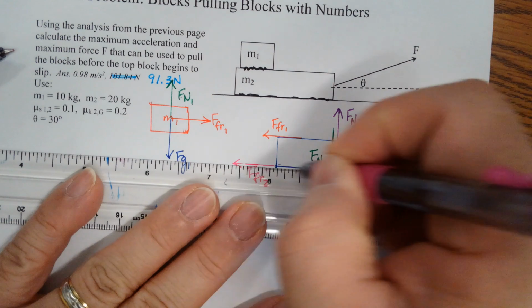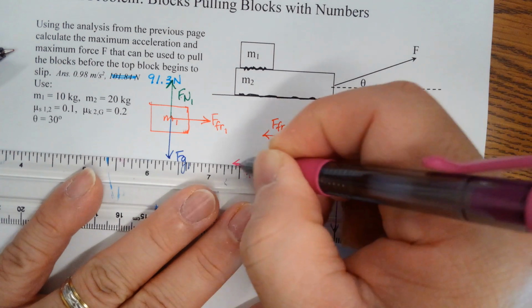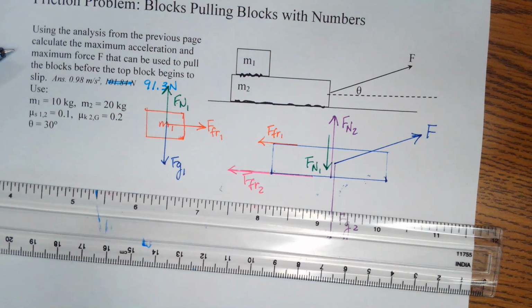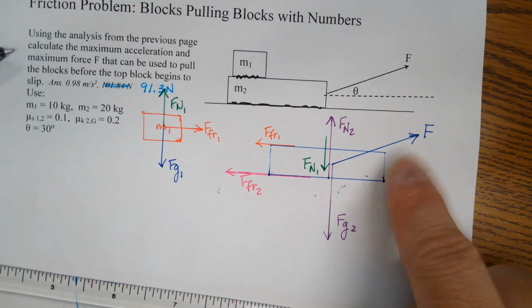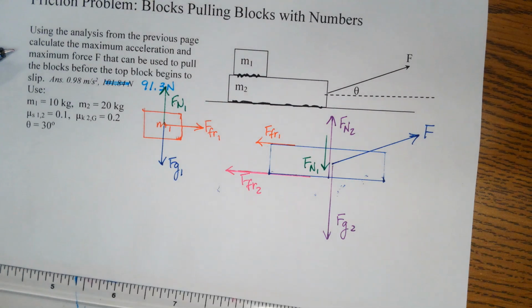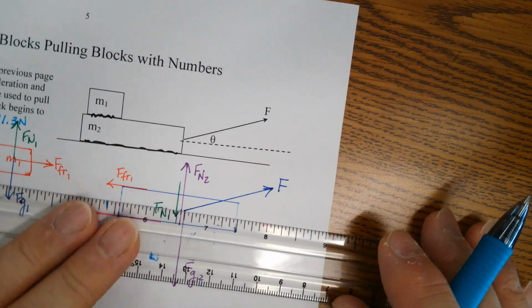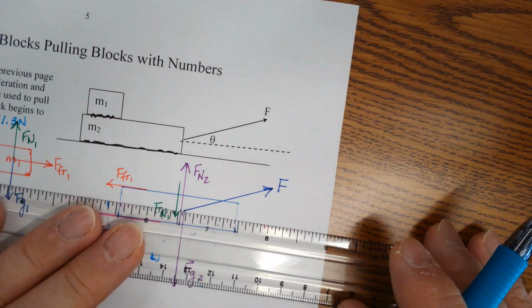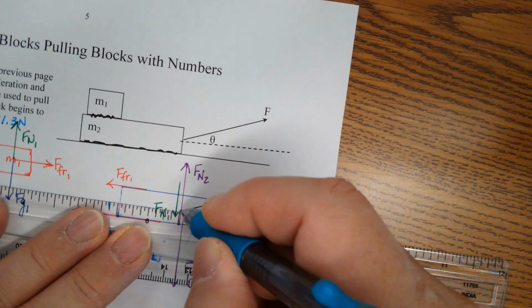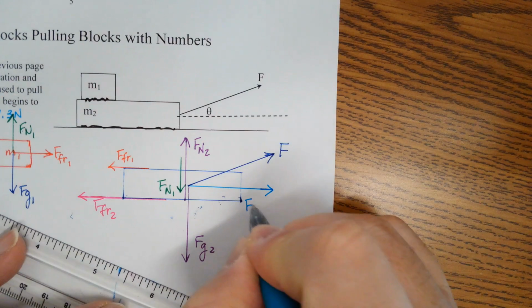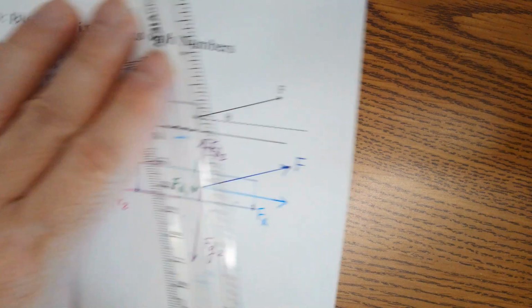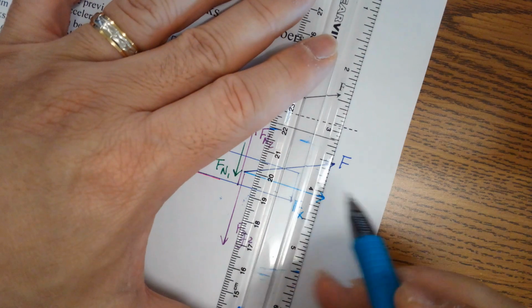Okay. So this force F can be broken up into both Fx and Fy. So here's my horizontal component Fx, and here's my Fy.